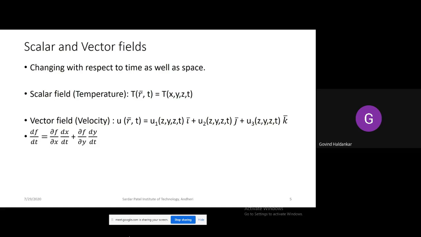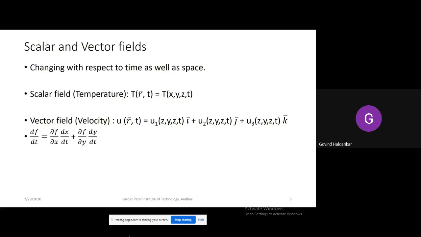Now position, when I say it, is not only in one plane or two planes. It is a three-dimensional coordinate system. Depending upon what kind of parameter it is, we select the coordinate system. But definitely it depends upon x, y, z, and time, which is also an important parameter.